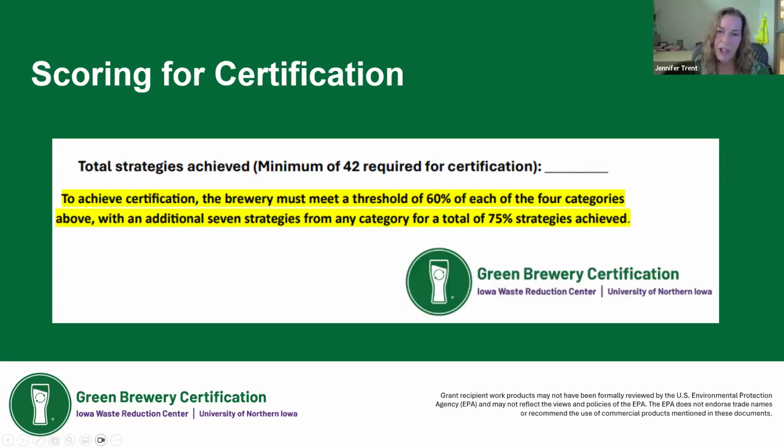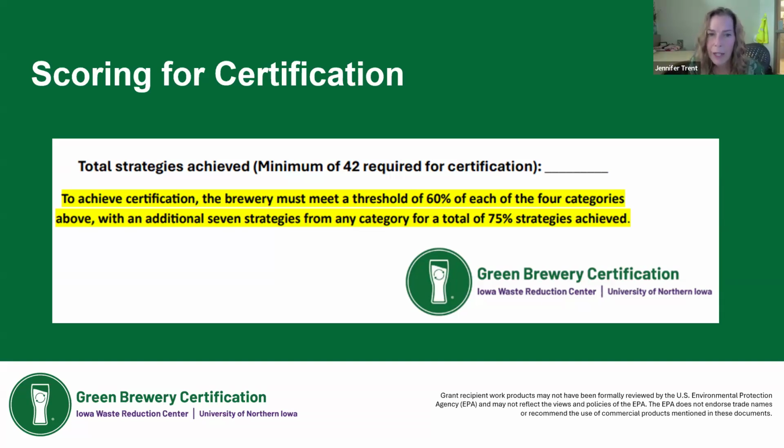And if you look at the checklist, as I said before, there are a minimum of 42 strategies required for certification. We were struggling a little bit to figure out how to explain this, but there are four sections: data collection, energy efficiency, water quality and conservation, and resources and solid waste management.